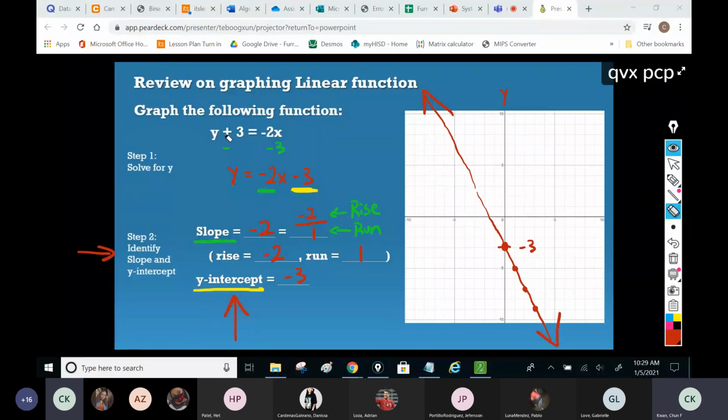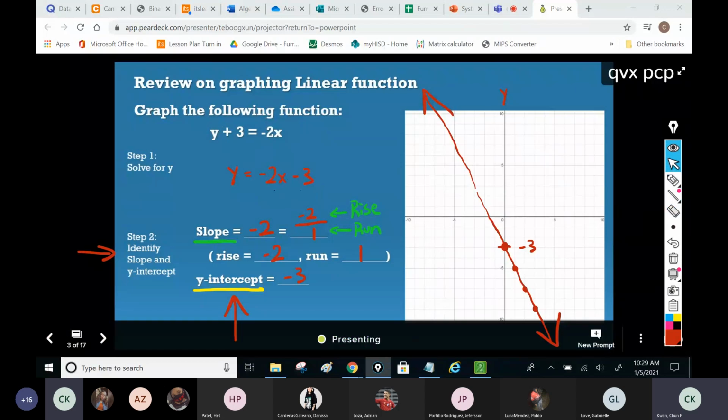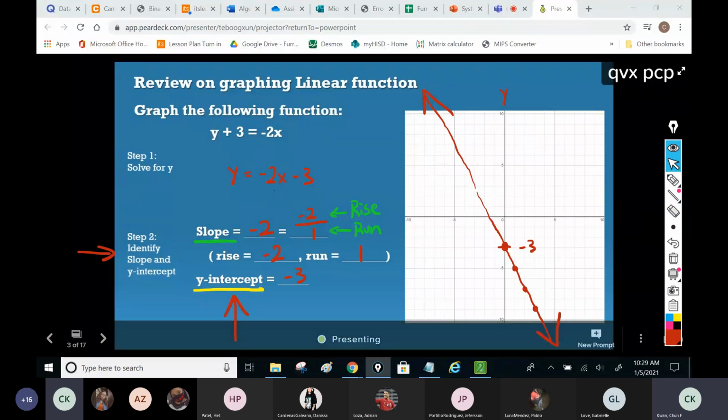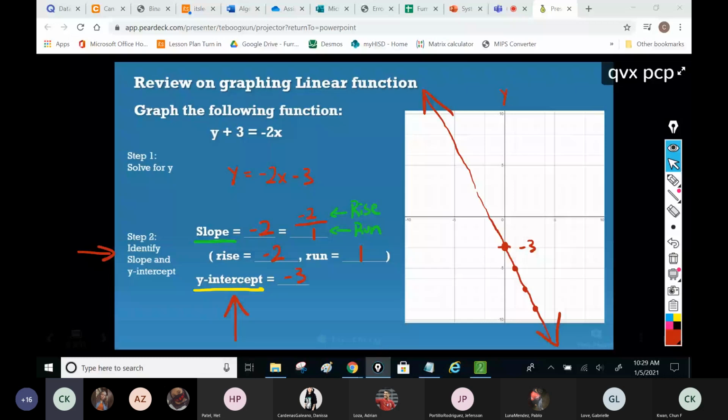So your line should look something like this. So that's how you graph a linear function.